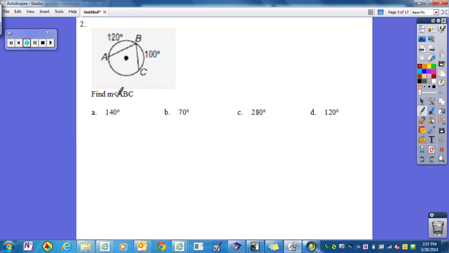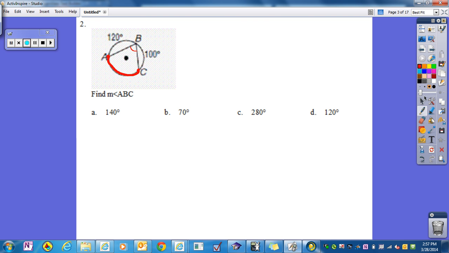Alright, number 2 asks you to find the measure of angle ABC. Well, angle ABC is right here. In order to know what angle ABC is, first I'm going to have to know what arc AC is, because angle ABC is the inscribed angle.